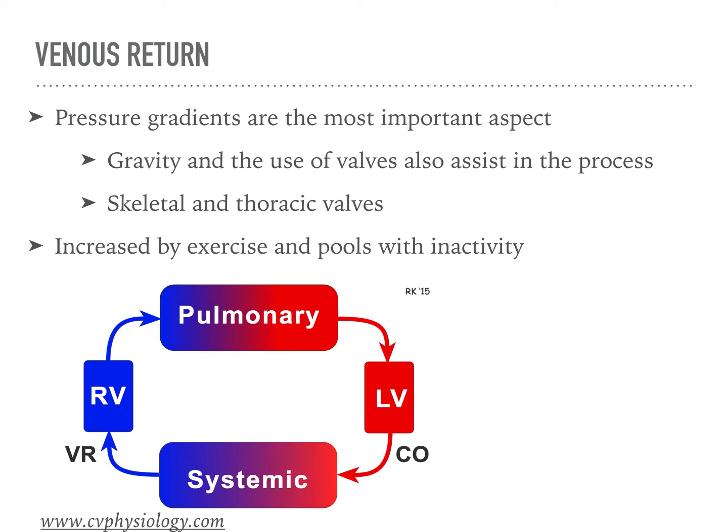And the thoracic valves work through inhalation and exhalation. So when we inhale, the space increases from the air, and then when we exhale, it compresses again. So more blood flow happens when we inhale.